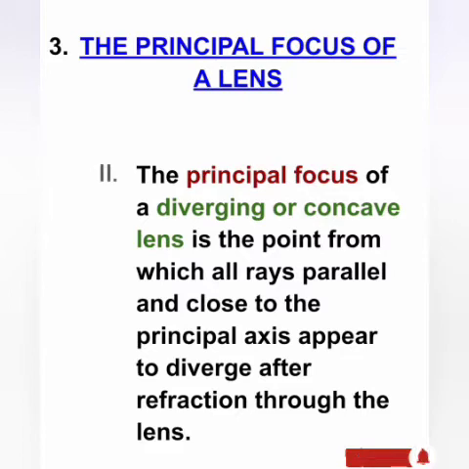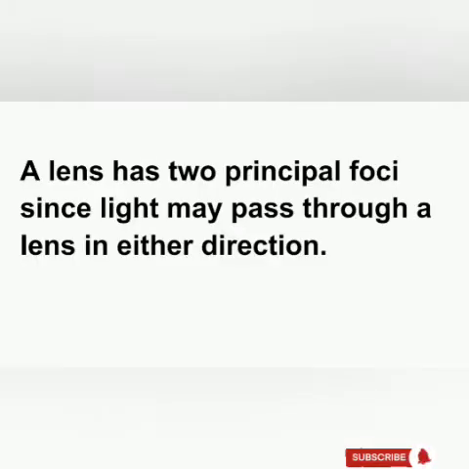They appear to be coming from the principal focus. A lens has two principal foci, since light may pass through a lens in either direction. So at the front of the lens you have a principal focus, and behind the lens you also have a principal focus. Light rays can travel through the lens in both directions.